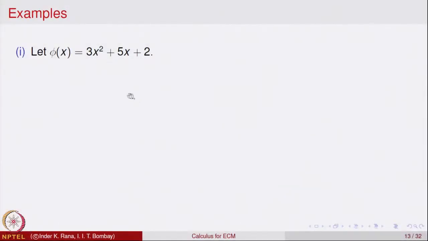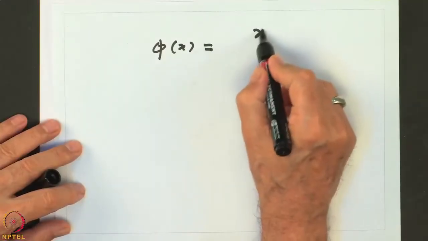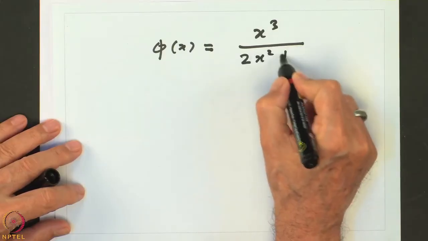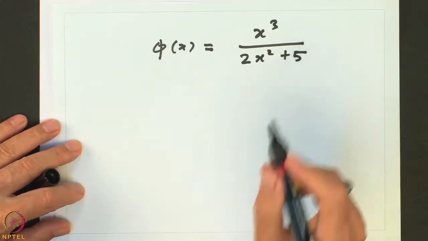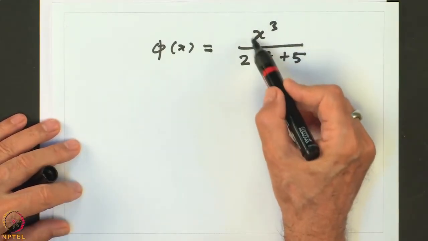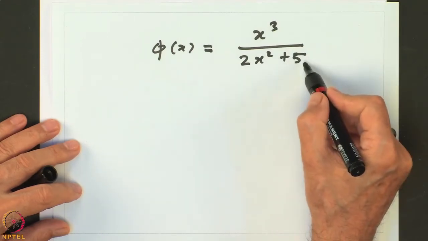Let us look at the next example. Let us find the derivative of x cube divided by 2x square plus 5. We have the function phi of x, which is equal to x cube divided by 2x square plus 5. We can think of it as 2 functions: in the numerator there is the function x cube, in the denominator there is the function 2x square plus 5.